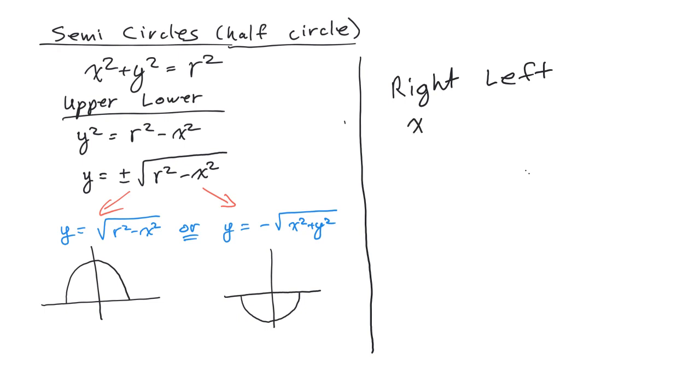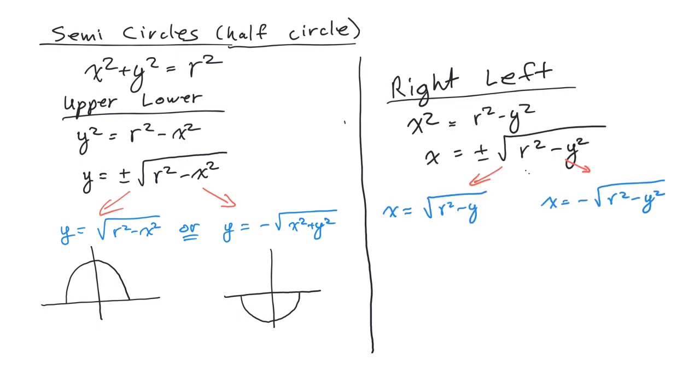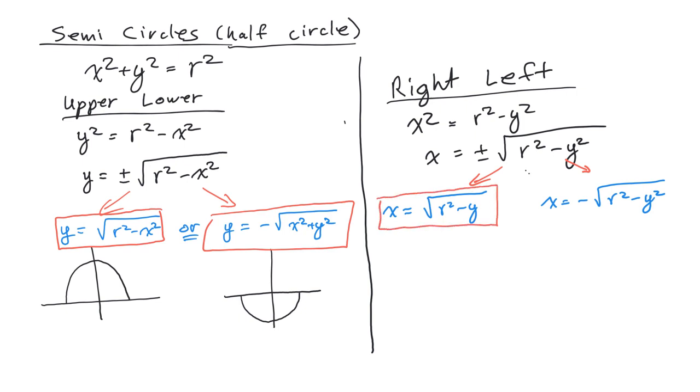If we go through the same motions as before, but this time we're going to do it for x, we end up having almost identical calculations to our y's, where y is this, and y is negative the square root of that, and then x is going to be the square root of r squared minus y squared, and the negative of the square root.